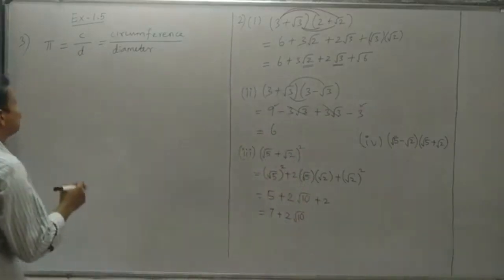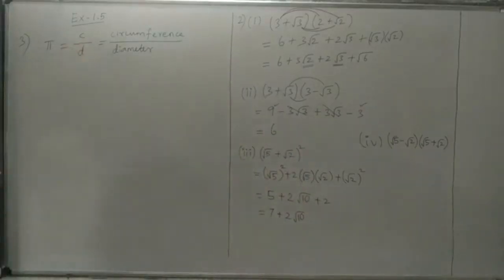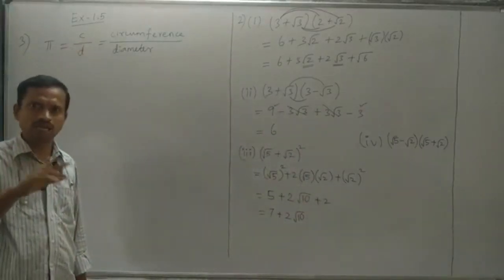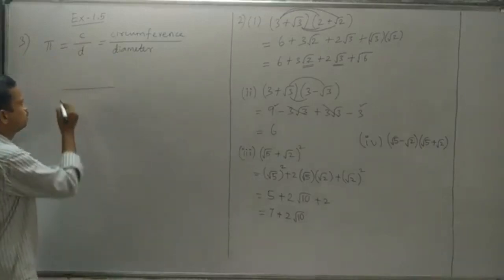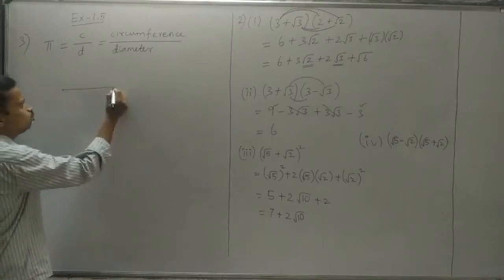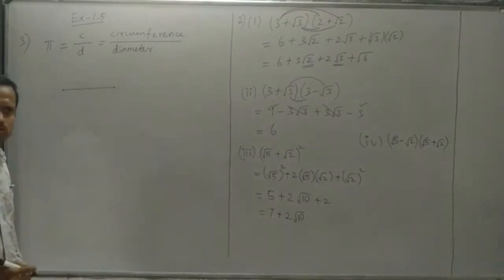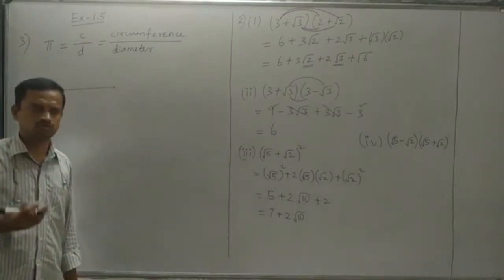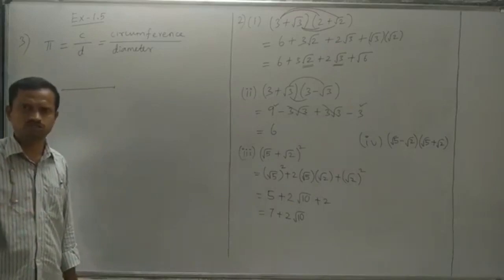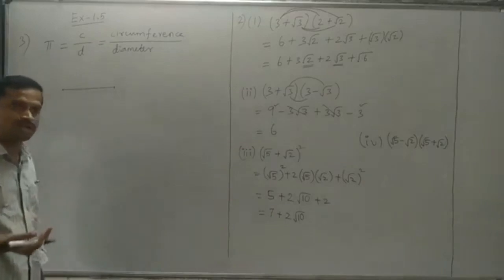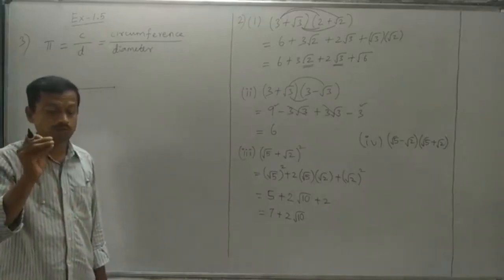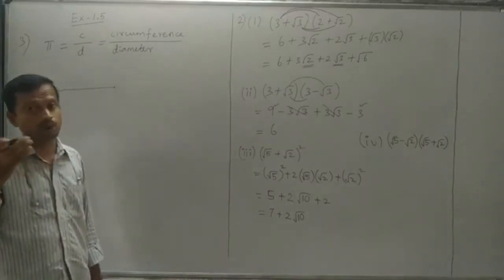So we can say c and d are nothing but the measure of the circle, circumference and diameter. For example, if I say to measure the length of these 2 points, can you get the exact value as 5 cm or 5.5 or 7 cm? Can you say? No. It may lie between 5.2 and 5.3.